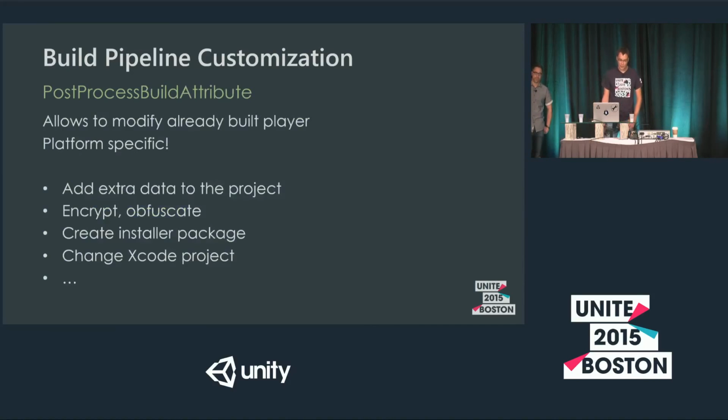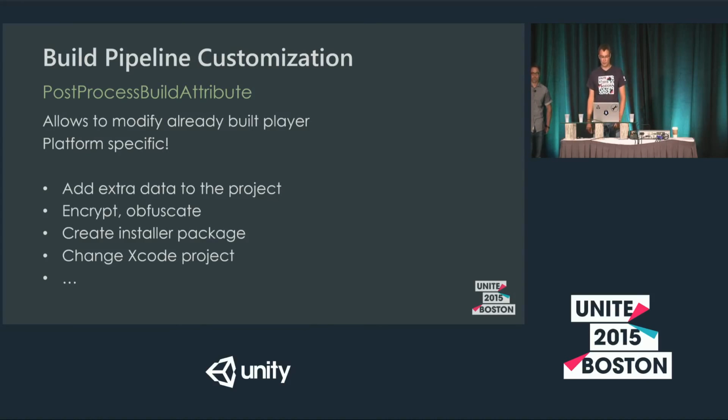So post-process build attribute allows you to modify already built player. So this is completely platform specific because layout of output depends on target platform, but depending on what you need, you can add extra data to your project, encrypt your binary executable, obfuscate or change in any way, like managed assemblies.